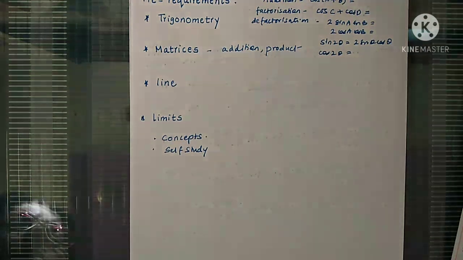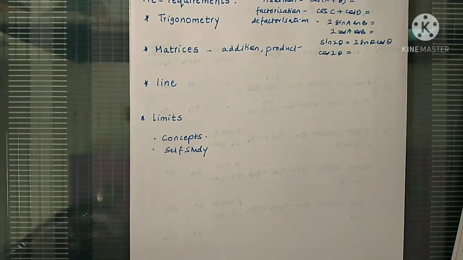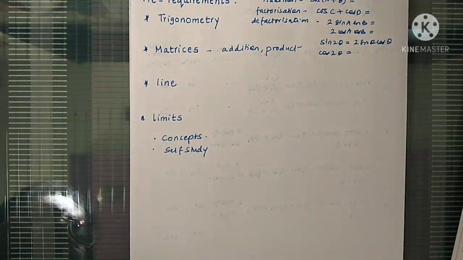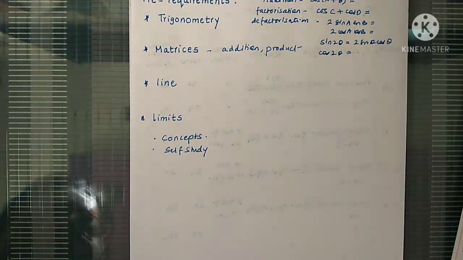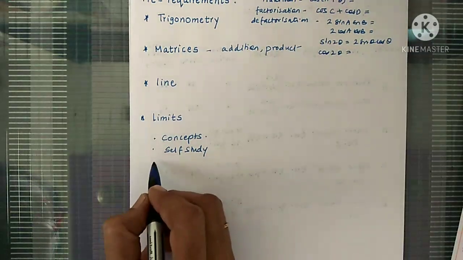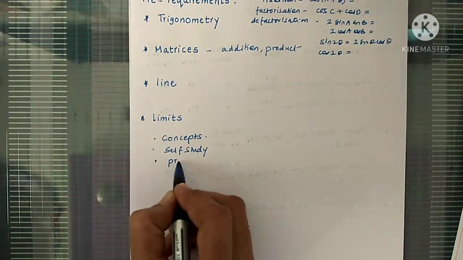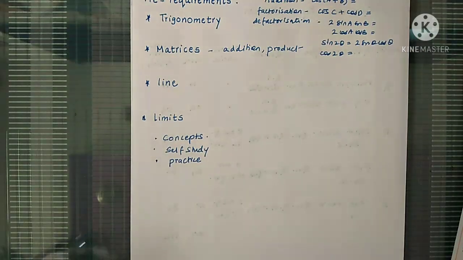First of all, you have to set one timetable and according to the timetable you have to study. So daily solve 5 to 10 questions based on the concept given on that day. Okay. And the next one is practice. So practice those questions and you will get very good results.